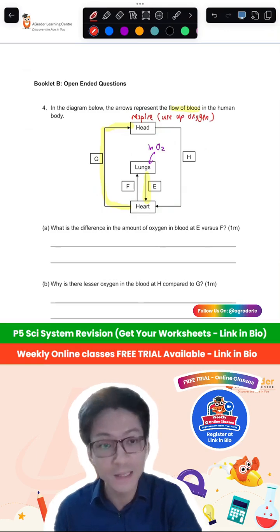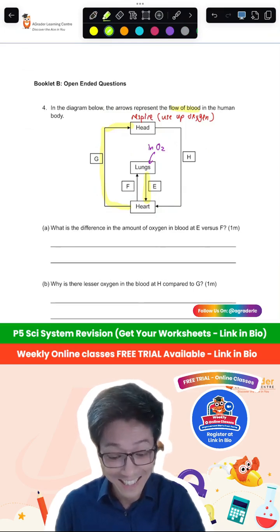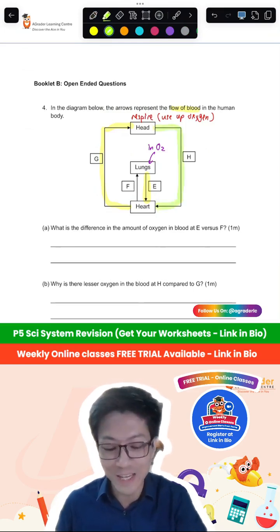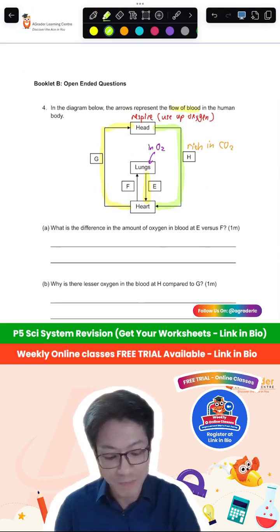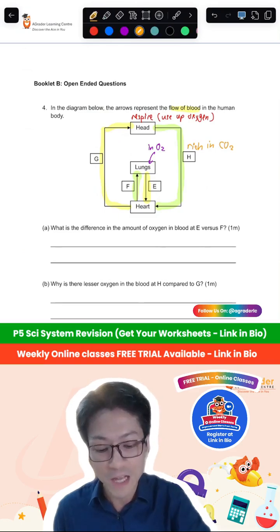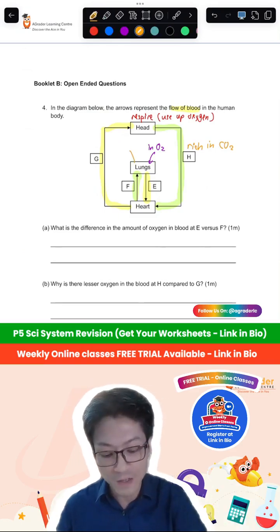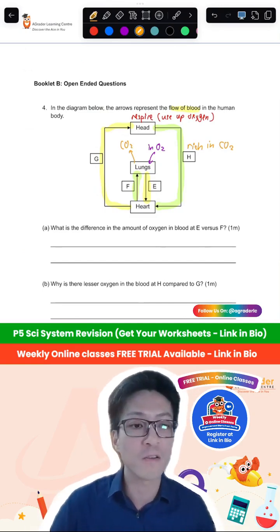Oh, Won Yang, you know. Flow through H. Over here at H, it will be rich in carbon dioxide, CO2. All the blood that is rich in carbon dioxide will flow through F, go back to your lungs, and then you will breathe out, and all the carbon dioxide, CO2, will be pushed out of your body.